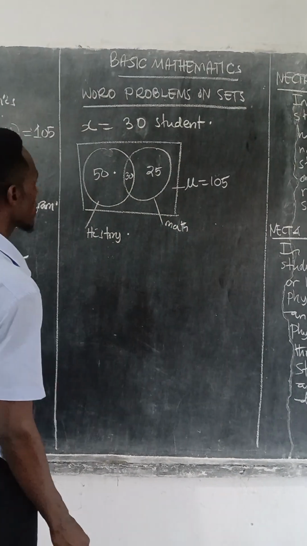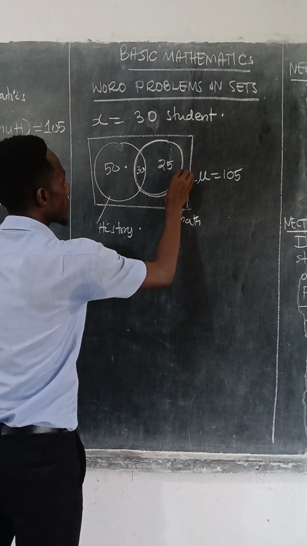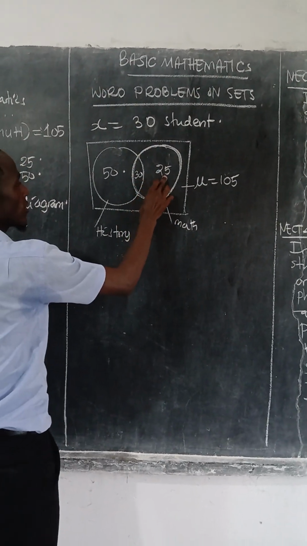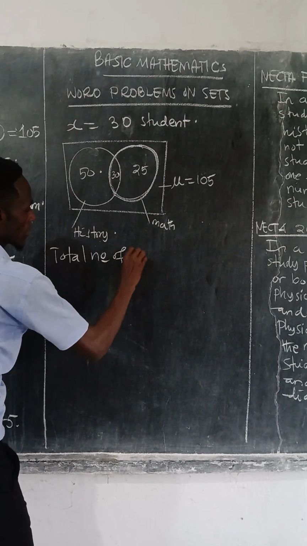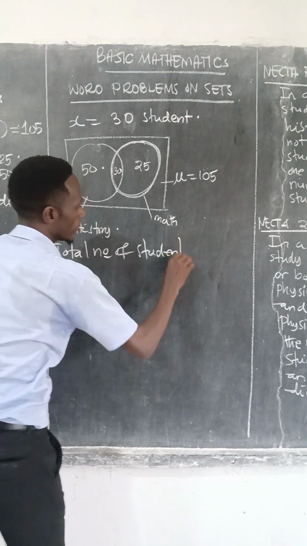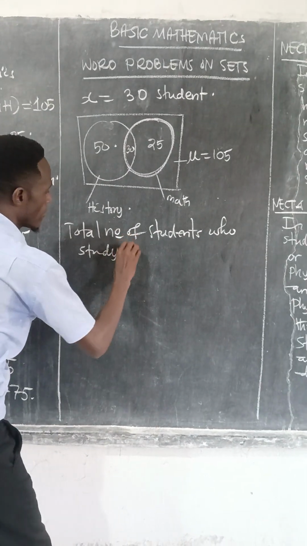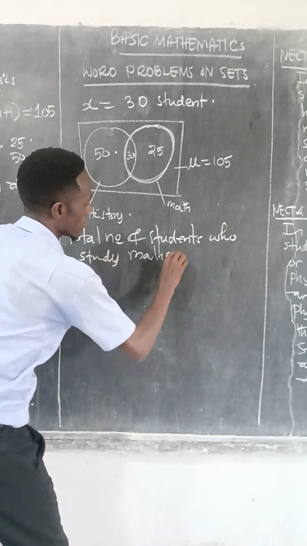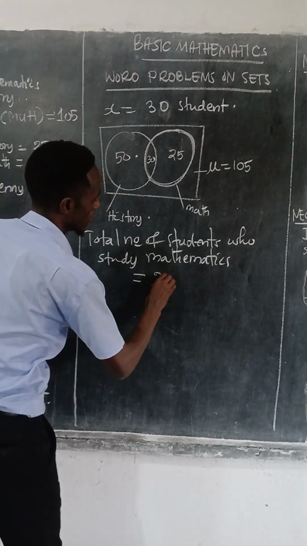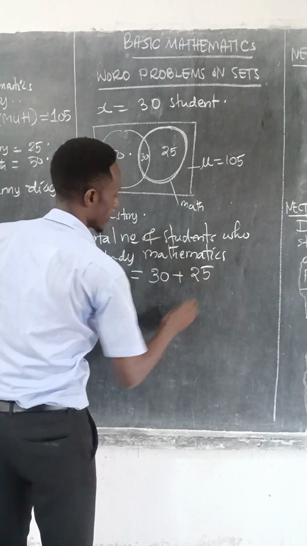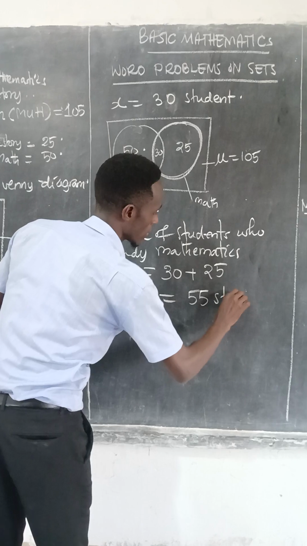You go straight to the circle that takes basic mathematics. You have this 30 and the 25, so the total number of students who study mathematics will be 30 plus 25, which is 55 students.